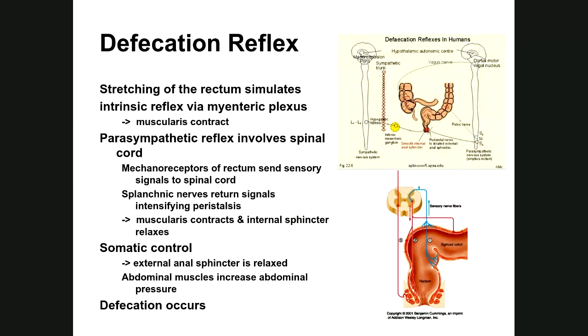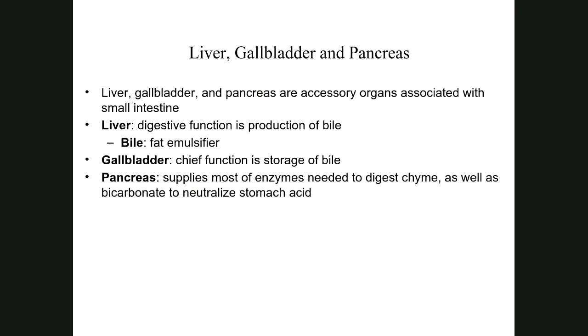Now we are going to move to the next organs: liver, gallbladder, and pancreas. Liver is an accessory organ associated with the small intestine. Liver digestive function is to produce the bile. Bile, what is it?